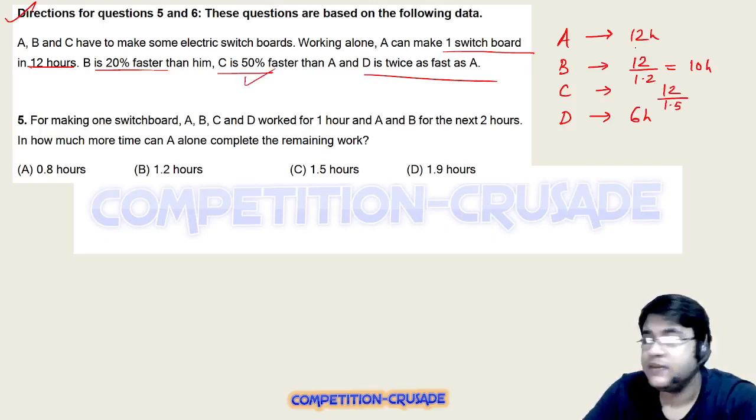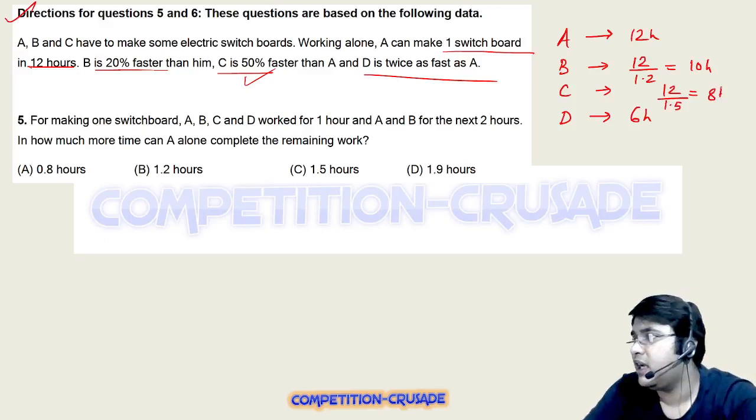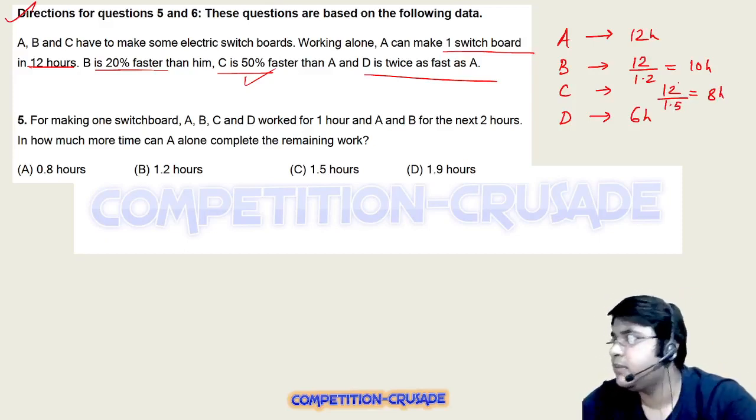Understand, this is 50% faster. This gives me 15 8s are 120, so this will be 8 hours. Let me see if everything is correct. Yeah, 80 plus 40, correct.